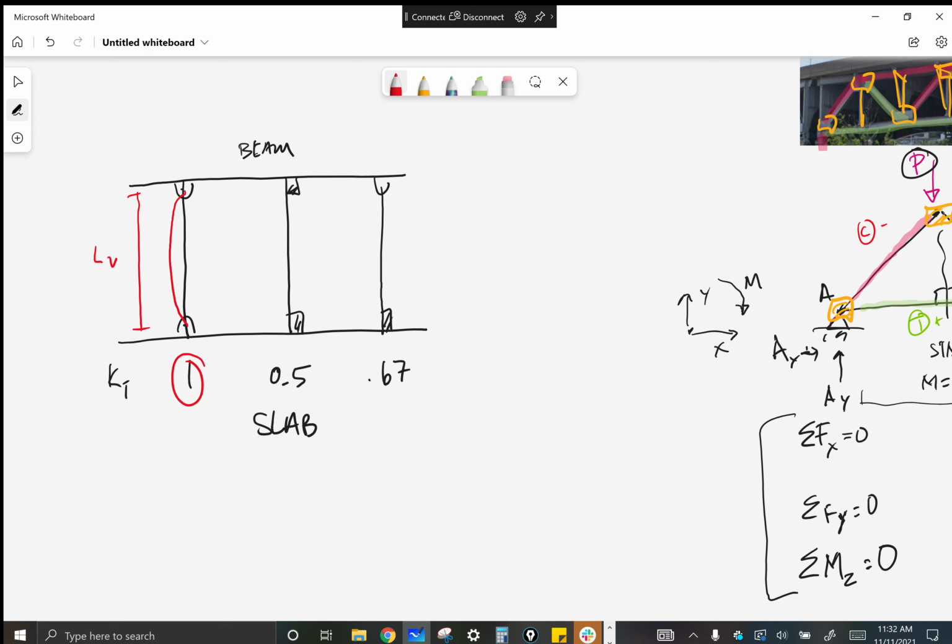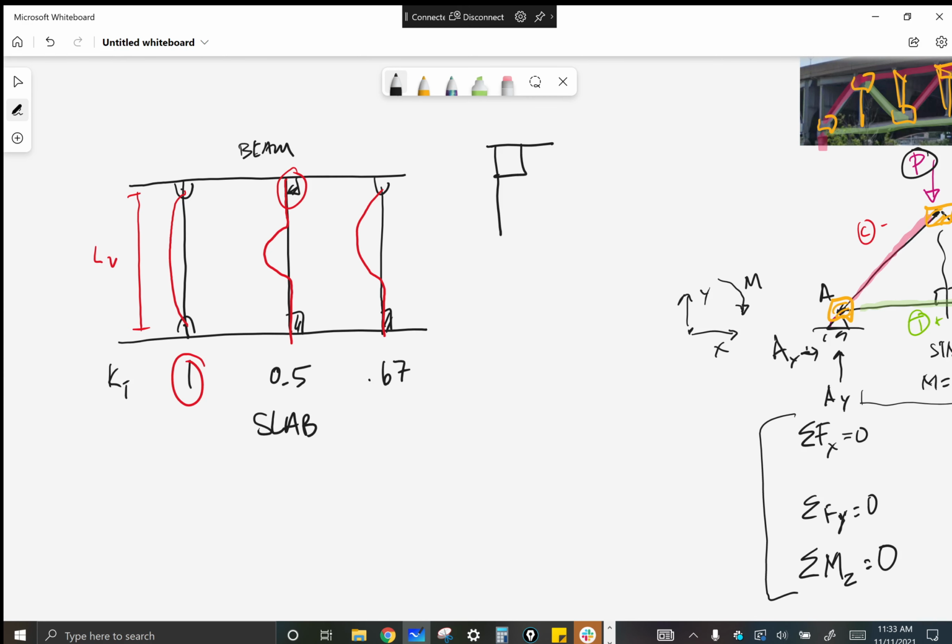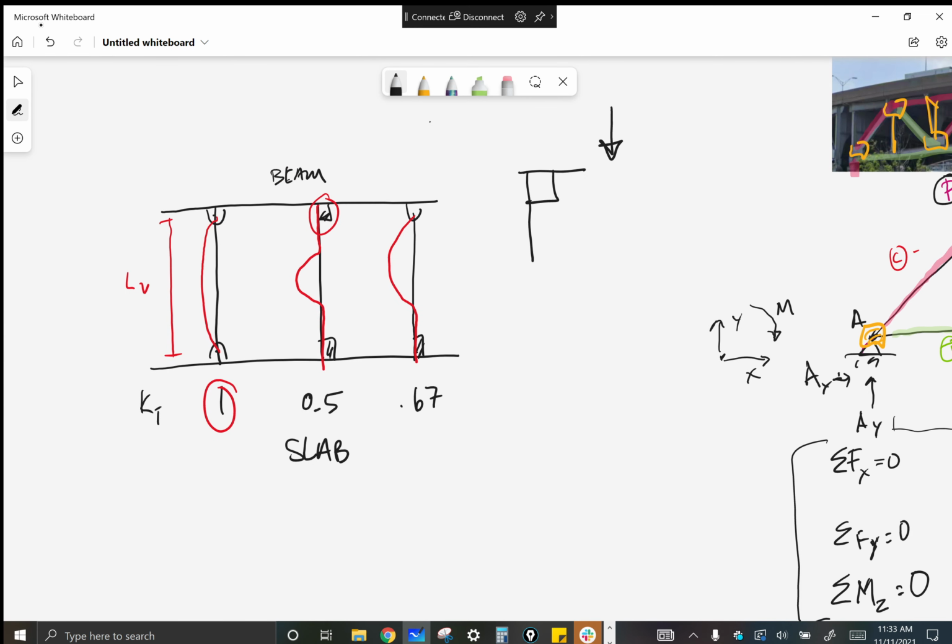In a fixed column that is resisting moment, we have something like this, and here we have this. If we zoom in on this joint, as this is loaded and trying to go down, this 90-degree angle is not going to give.